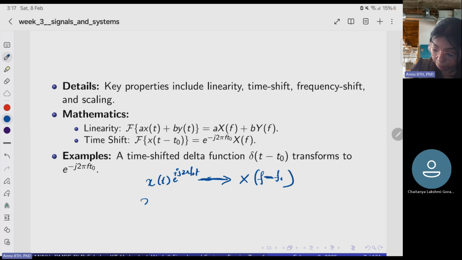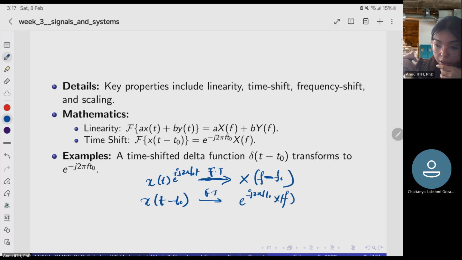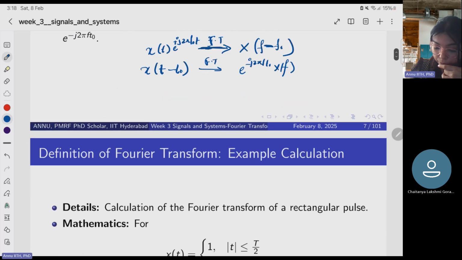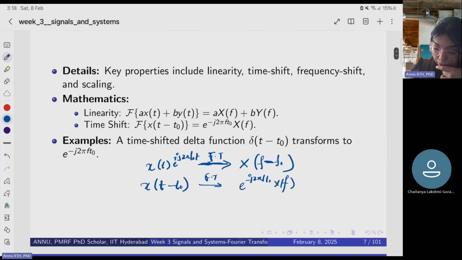Whereas in the time domain, if it is x(t minus t naught), then the frequency transform is e power minus j 2 pi f t naught times X(f). I never forget this because this is a trick, okay? This is very important.